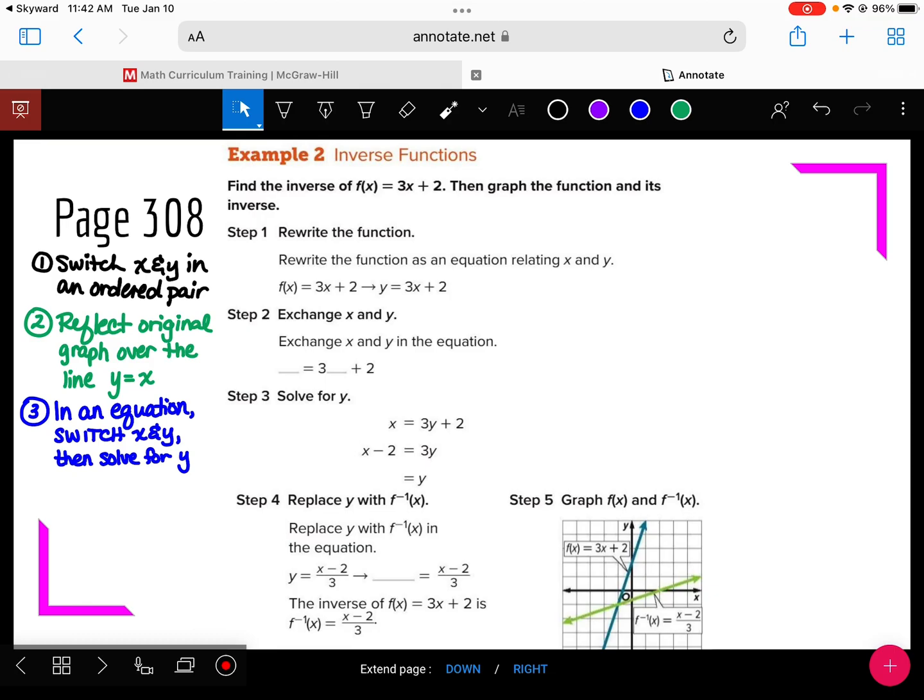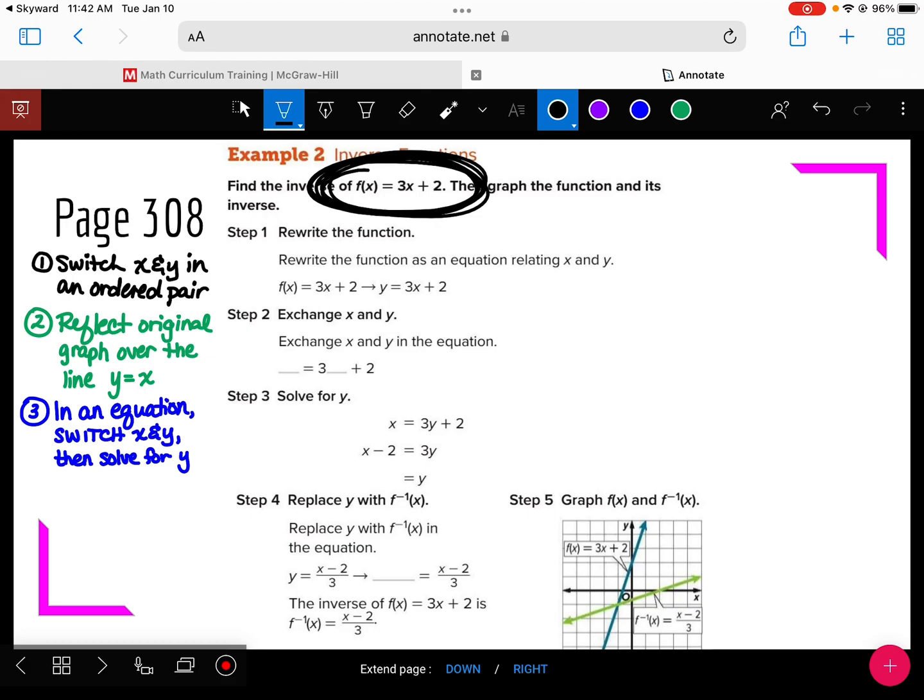I have f of x equals 3x plus 2. If I'm supposed to switch x and y, where's y? Look right here. First thing I'm supposed to do is switch x and y, but where's y? It's not there.